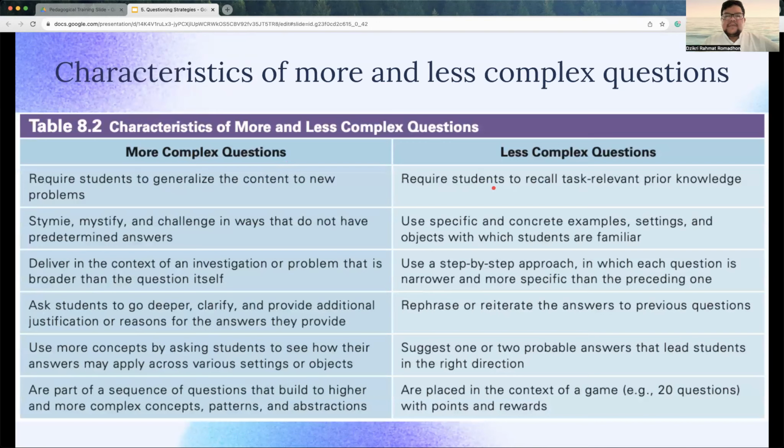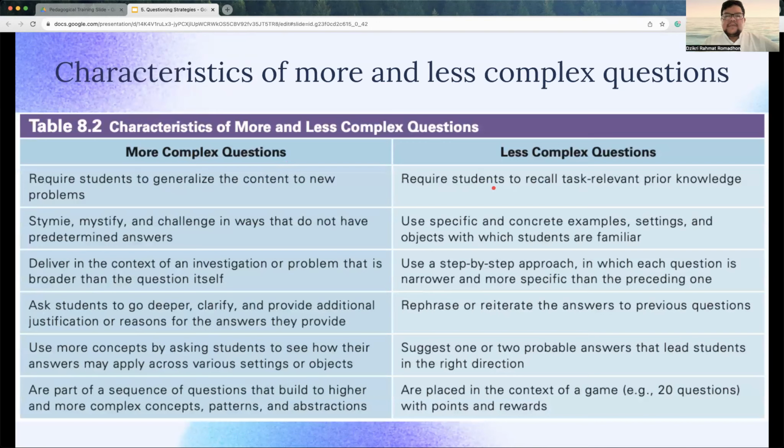While for the less complex question, rephrase or reiterate the answer to previous questions, which means that they have already gotten the answer in a certain question, certain sentences, or textbook answer, and they have to reword everything in their own sentences.